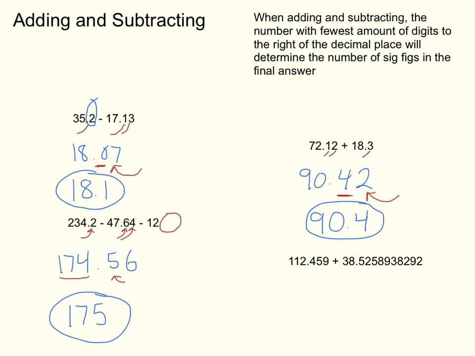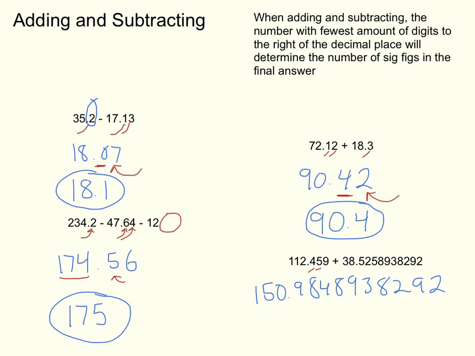All right, last one. A lot of digits after the decimal place. So when we finally add it, we are getting a number 150.98489389292. So we don't want to use all of those digits. We can't use all those digits because we're limited.